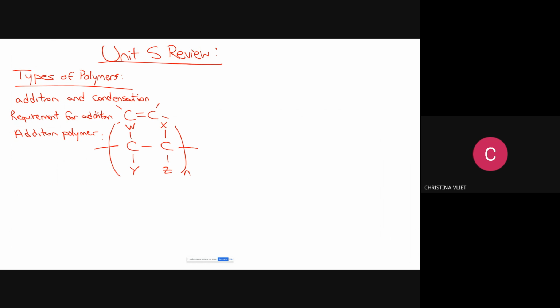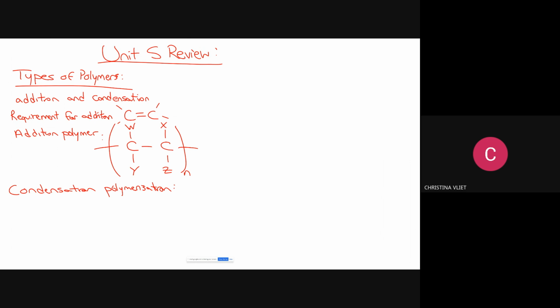Condensation polymerization, what was that? In condensation polymerization, you form the polymer by removing small molecules. Those small molecules could either be water or, technically, HX.